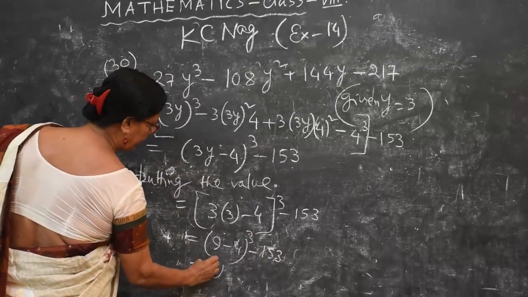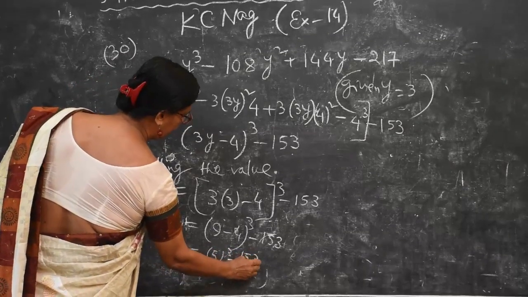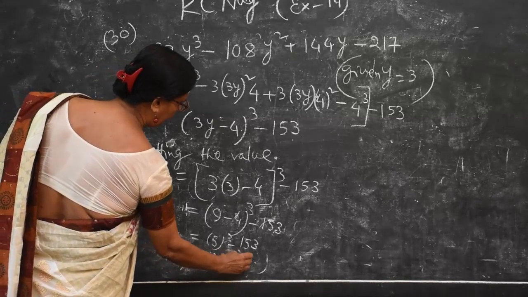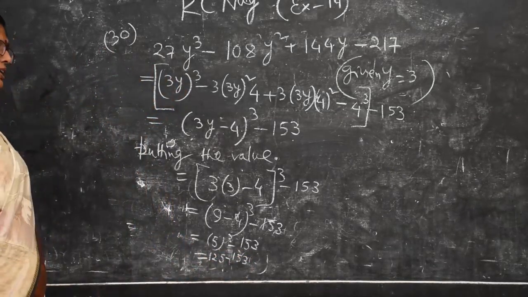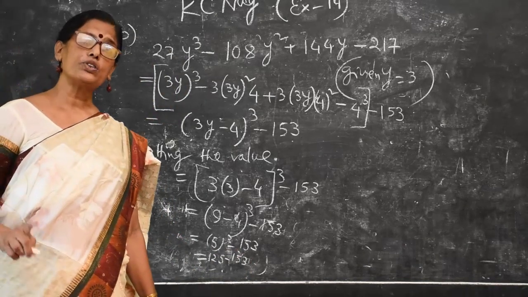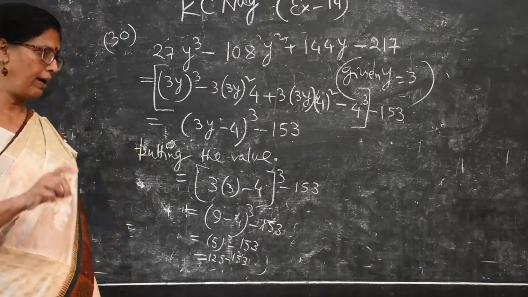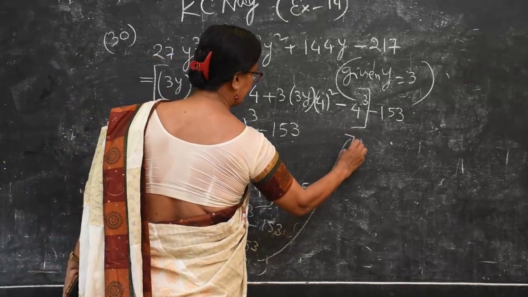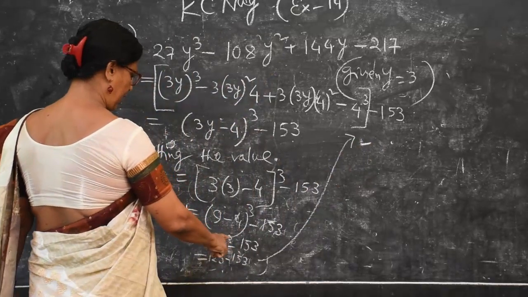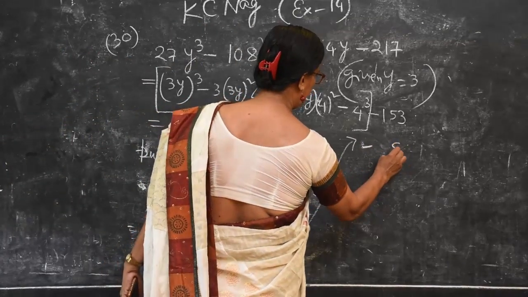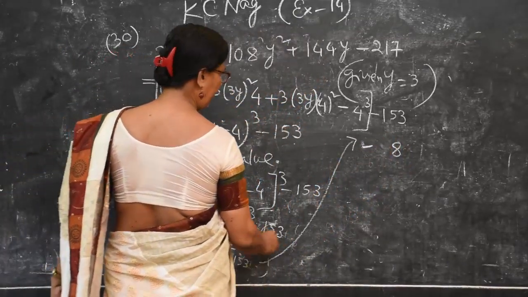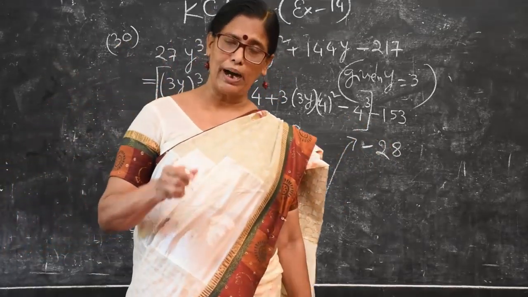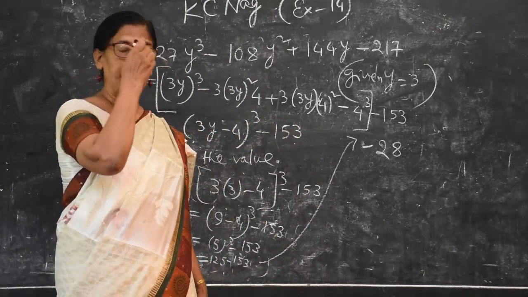So it is 5 cube minus 153. 5 cube is 125, minus 153. 153 is more than 125, so value is minus. The answer is minus 28. Value is minus, it is not a problem.